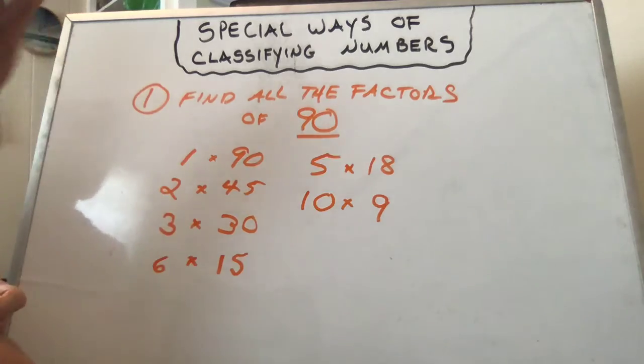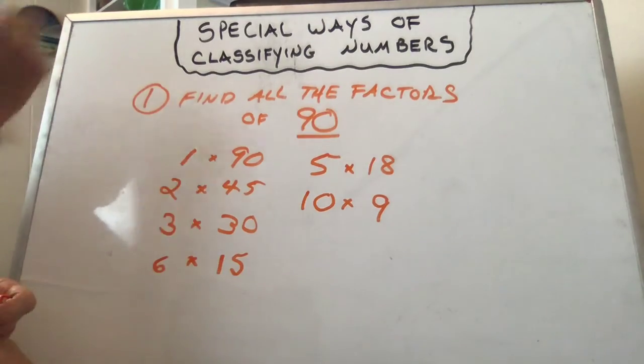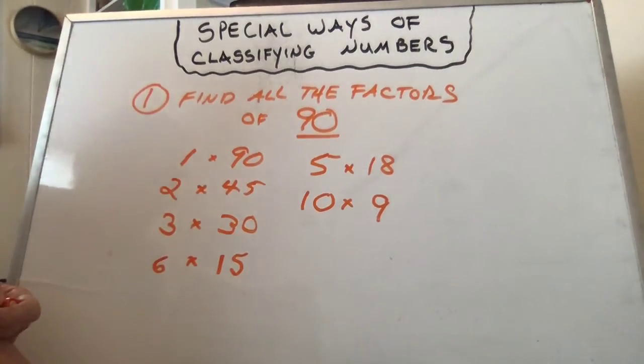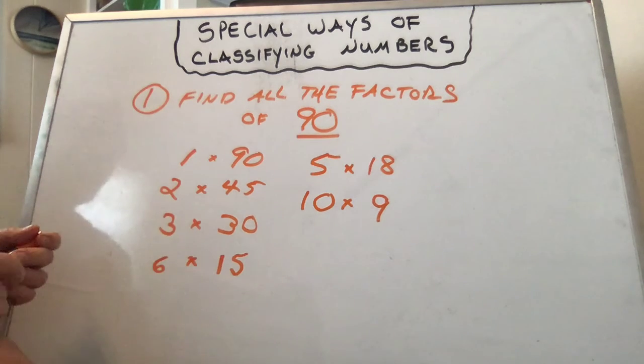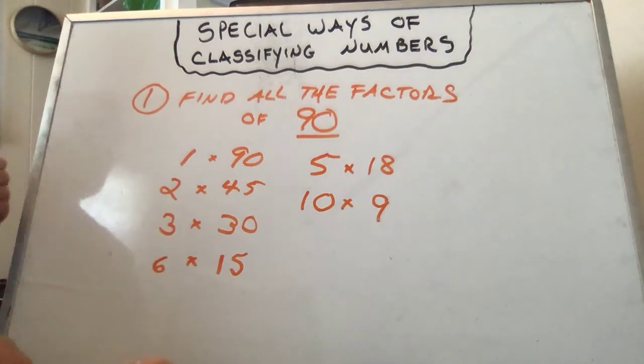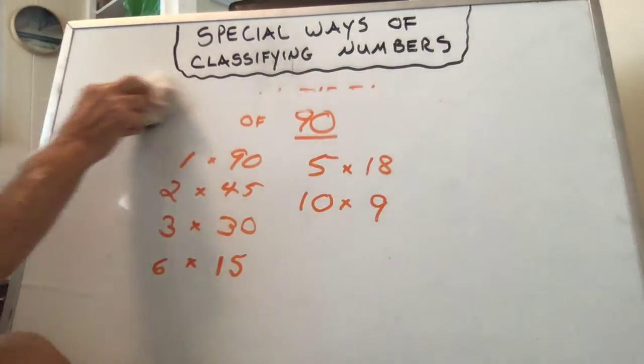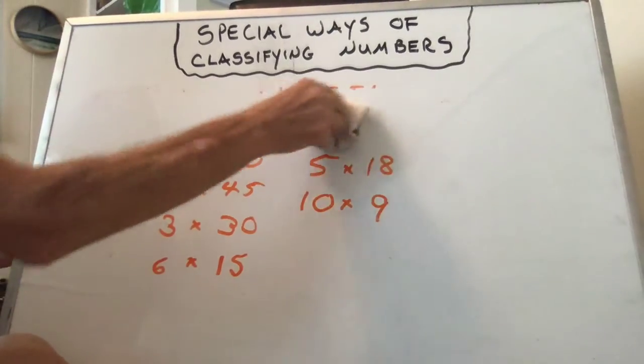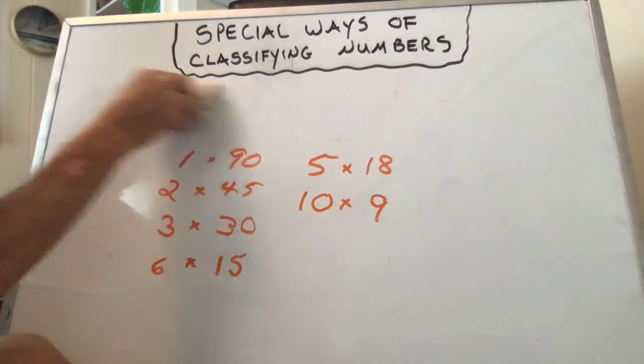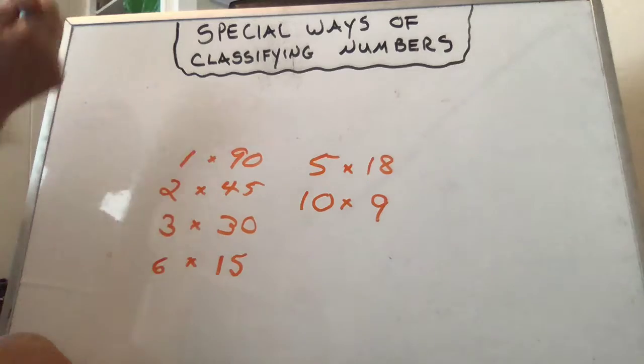So whenever we start this special classification, step 1 is find all the factors out. Okay, so what I'm going to do now is erase this, but leave the factors. We're using 90.